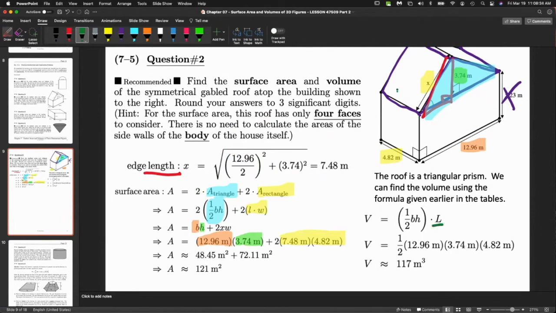So this is L right here. So L is equal to 4.82. And then the triangular part is the same numbers as here. I can highlight them the same way if you want. That's totally cool. Let's do that here. B, and then H was green. And there you go.